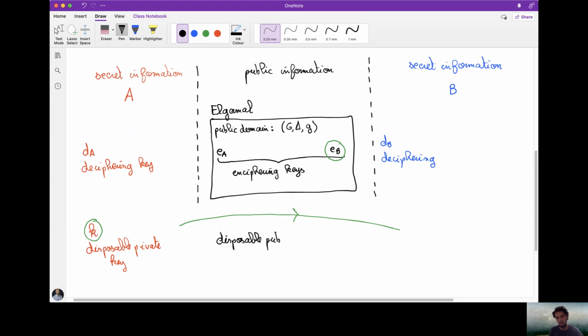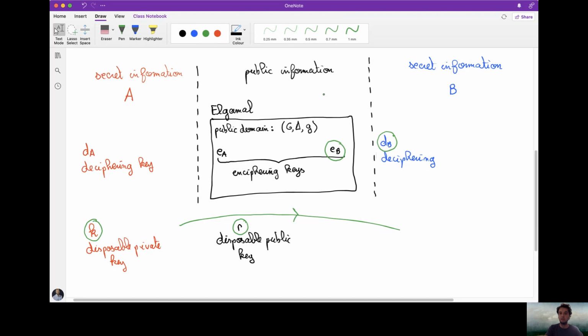Disposable public key, a public key that we're going to call R. And this is also used by B to decipher the message. So whenever a message is sent from A to B, there are four pieces of information that are used. B is also, of course, going to use its deciphering key. So these are the four pieces of information that are used whenever a message is sent from A to B.